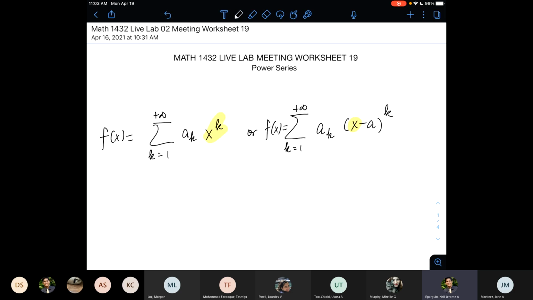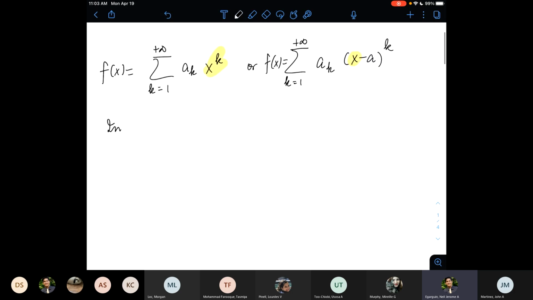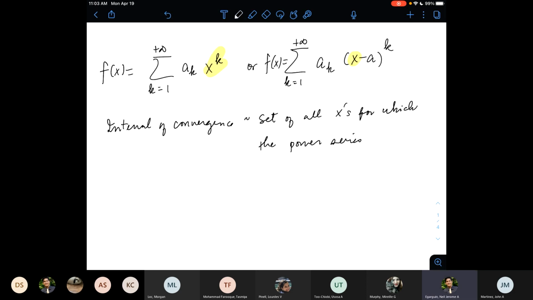Here, the convergence or divergence of this series will be determined by the value of x. That's why we have what we call the interval of convergence. This would be the set of all x's for which the power series is absolutely convergent.